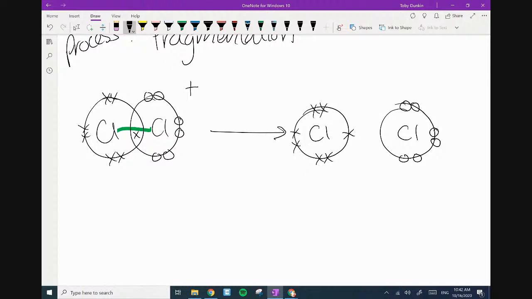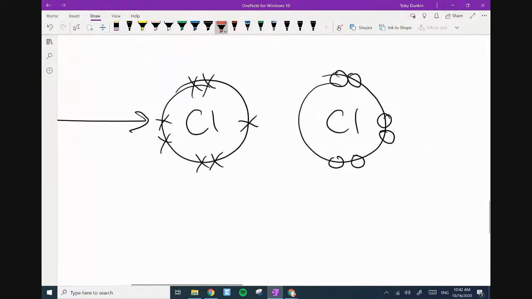This electron here that was still left is going to go with either him or him. It's actually 50-50. The fact that it was owned by the Cl on the left primarily didn't make any difference. The ownership is the same. It's going to just rip it off and go in either direction.